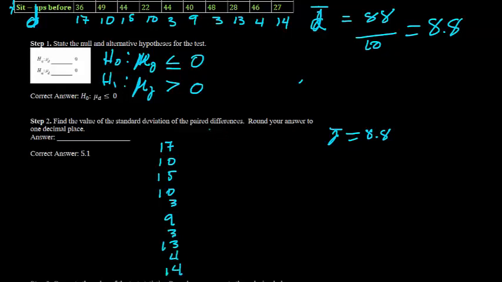Let's do this the long way. D sub i minus D bar, and that's going to be 17 minus 8.8, which is 8.2.